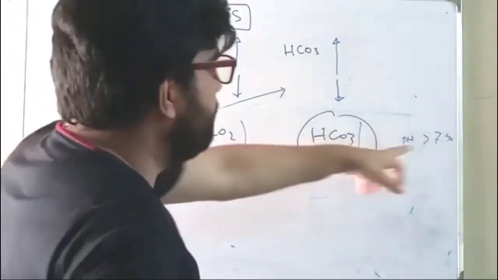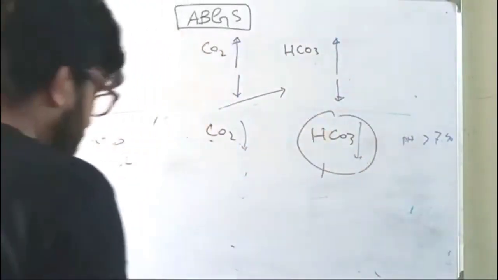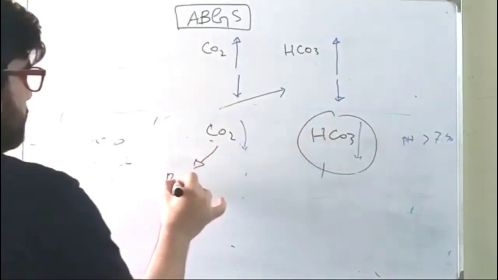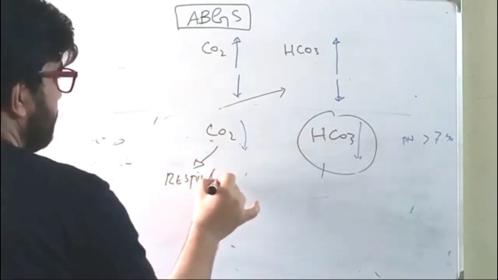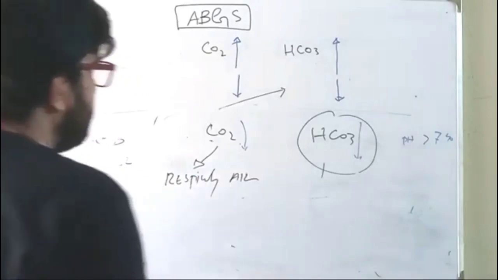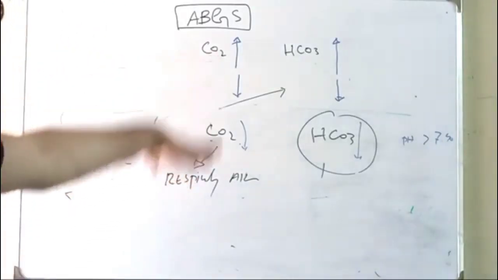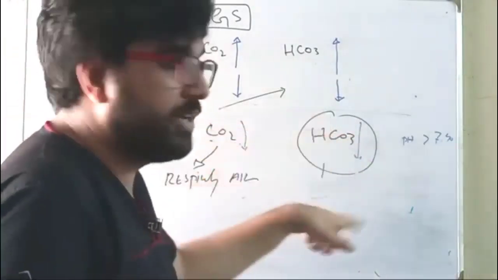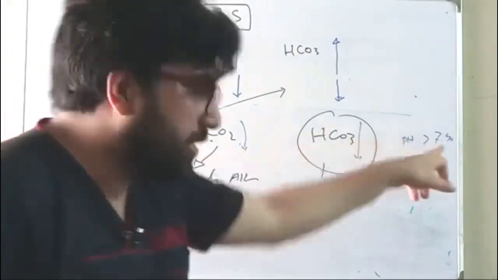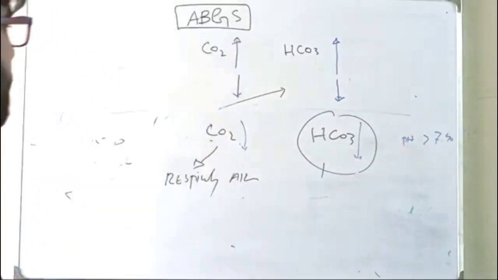Both arrows are moving downward, pH is alkalotic, the problem is respiratory alkalosis, because decrease in bicarb will cause acidosis. The pH will be on the acidotic side.